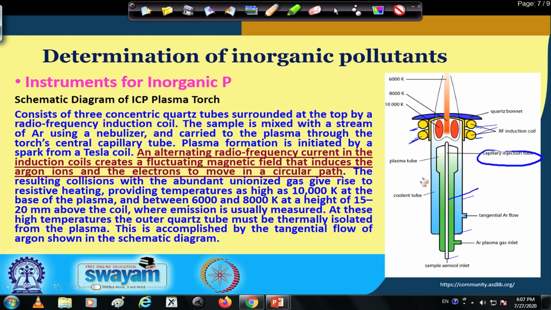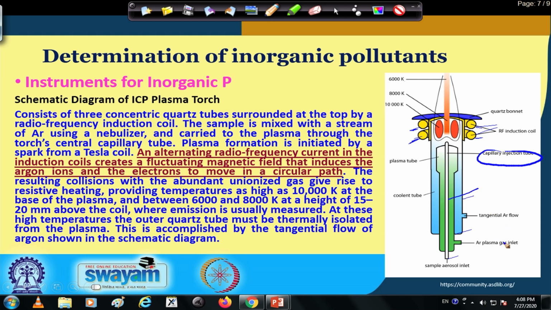So, there will be a circular motion of the argon gas and also the electrons, and as a result there will be collision with the abundant ionized gas, which gives rise to resistive heating. So, what happens? There is a Tesla coil, and plasma formation is initiated.